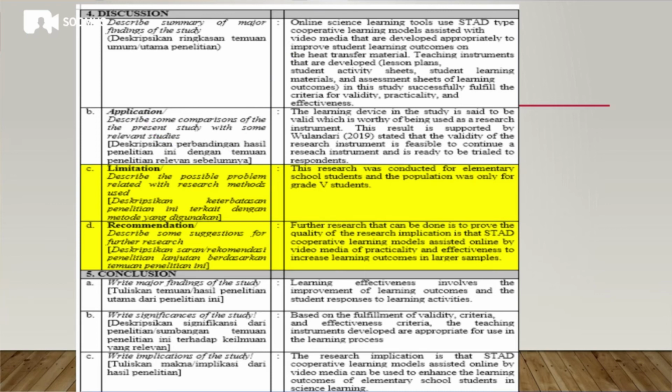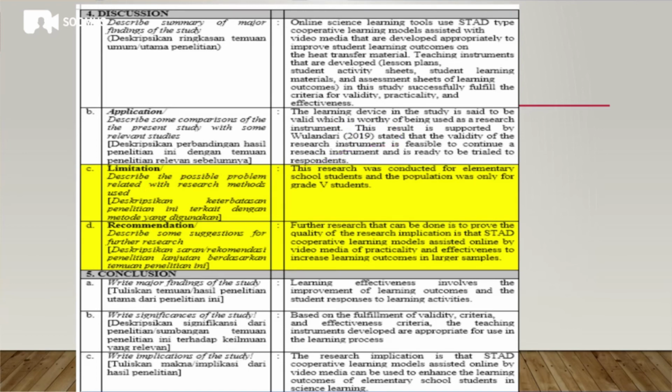And then the application describe some comparisons. The comparison of this study: the researcher's learning device in the study is said to be valid, which is worthy of being used as a research instrument. This result is supported by Wulandari 2019. So the comparison of the researcher and other researcher.